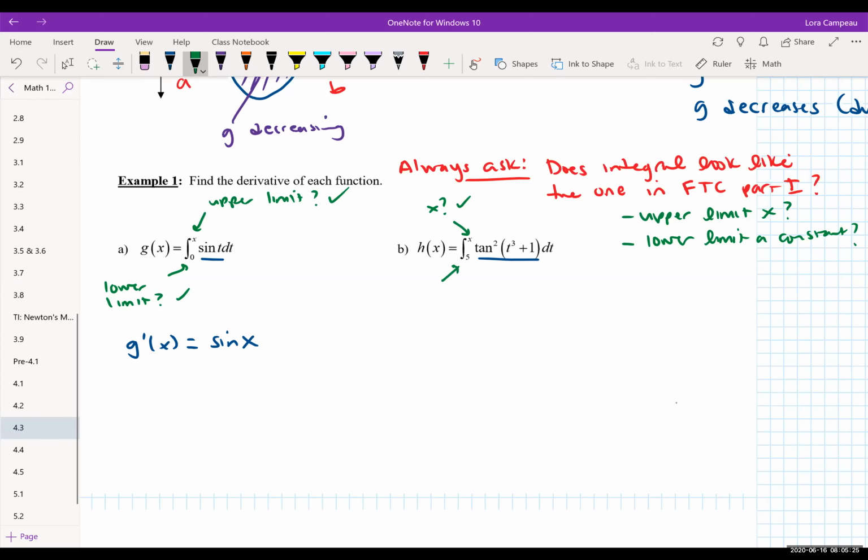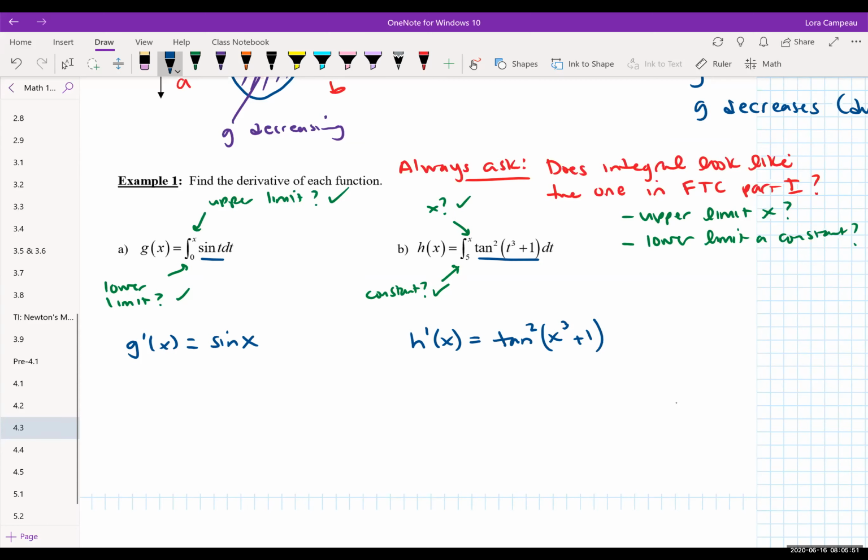Is the lower limit of integration a constant? Yes. So when you take the derivative, that's h prime x, all we do is take the function in the integrand, but we incorporate x instead of t. That's why they call t the dummy variable. So that is the fundamental theorem of calculus part 1.